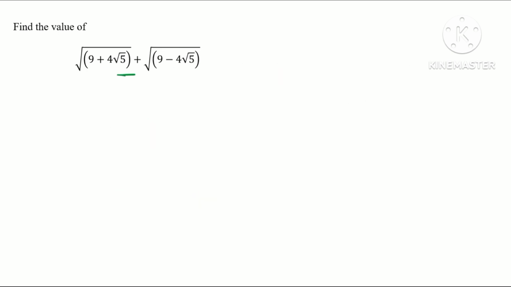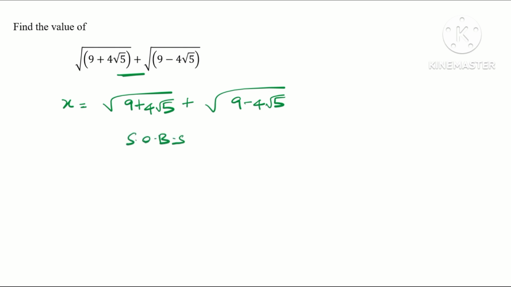So let's find the value of this. Let's think this as x. x equals root of (9 plus 4 root 5) plus root of (9 minus 4 root 5). Let's do squaring on both sides. x square equals (root of (9 plus 4 root 5) plus root of (9 minus 4 root 5)) whole square.